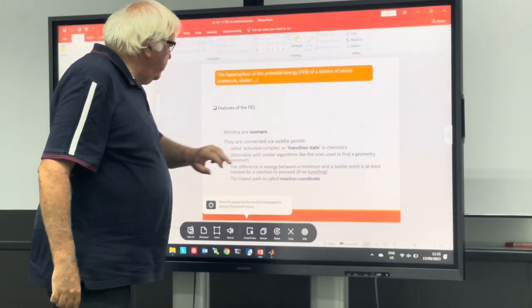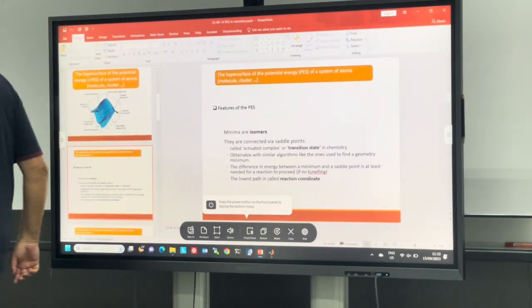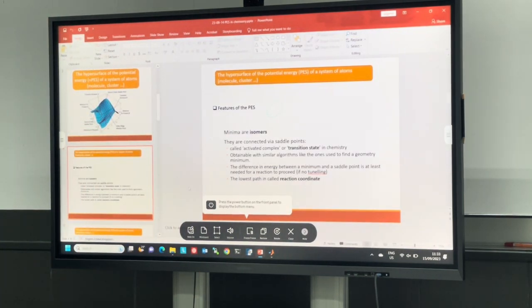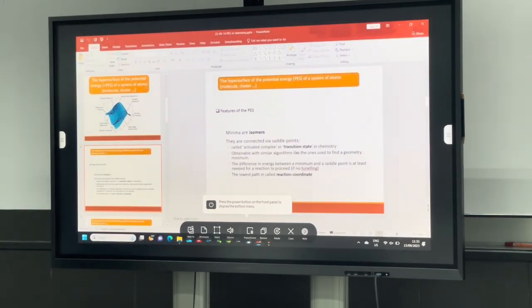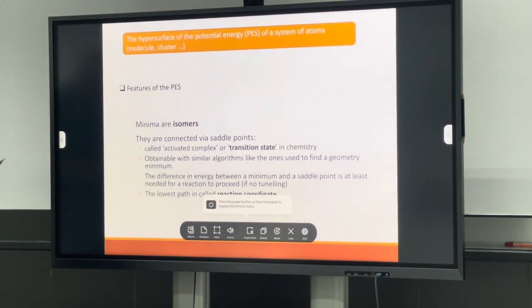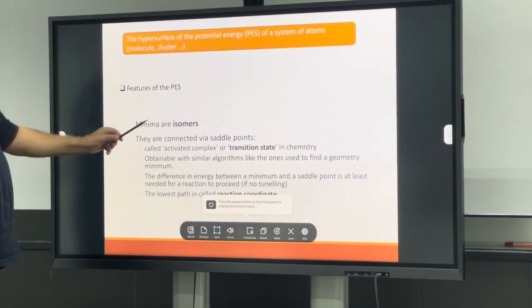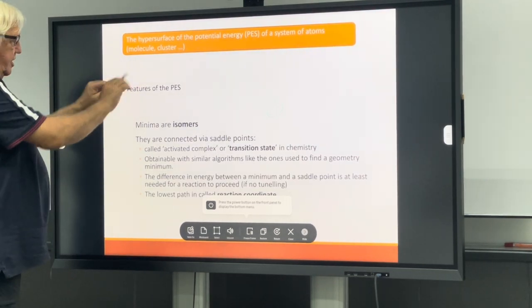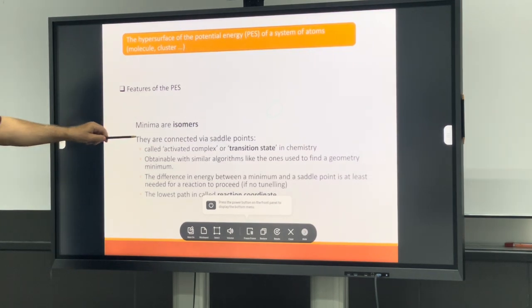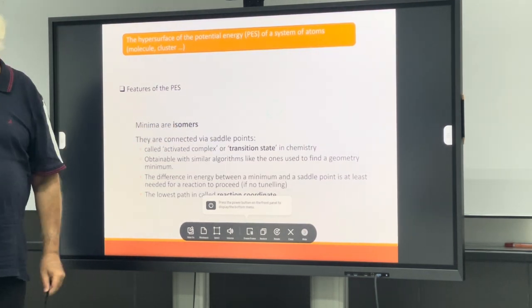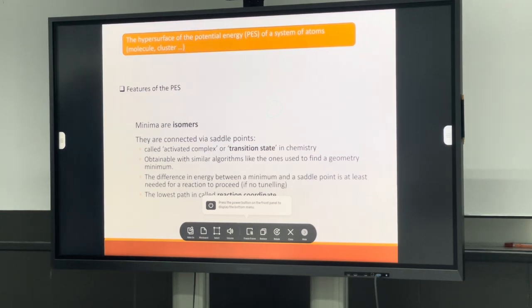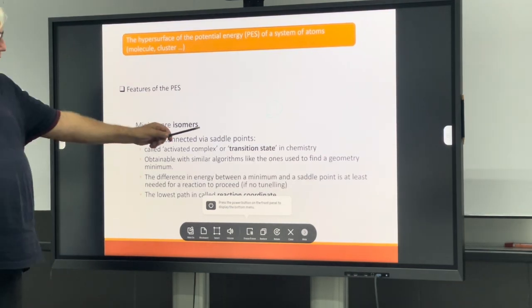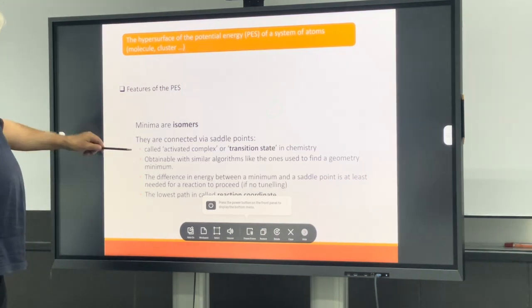Just to link to what we have discussed before, what was the important thing? Minima are isomers, like this nice example with the cis and trans. They are different minima, reactants, products. They are connected via saddle points, and the saddle point in chemistry is called the transition state.